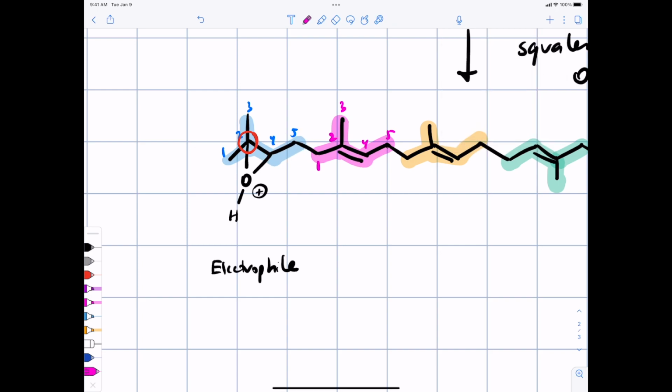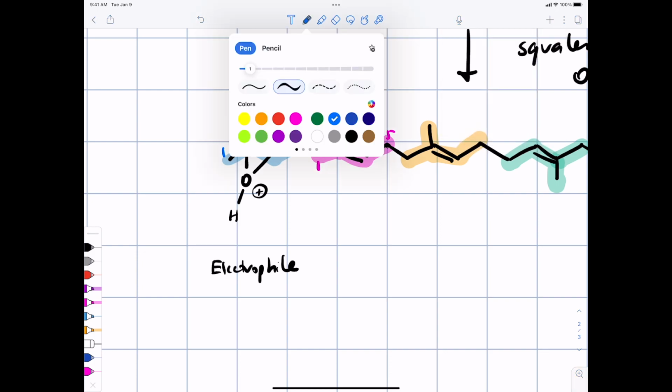Let's use a blue circle for what we think the nucleophile will be. You have a pi bond between 2 and 4. That can be a nucleophile. It could attack this electrophilic center. Of the 2 atoms that are involved in the pi bond, who's going to do the attacking and who gets the positive charge? 4 does the attacking. So I don't know why I'm choosing blue.